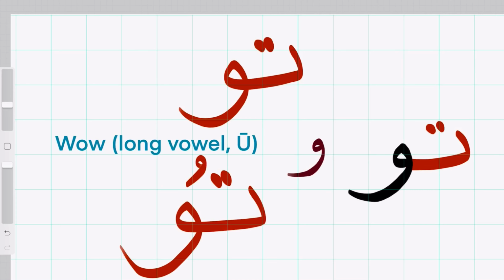What is the third long vowel? It's like an extension of the kasra short vowel. It'll be an ee. So how do you think the ta will be written when it's attached to the ya or ee long vowel? And how would it be pronounced? Tee. Let's go there.